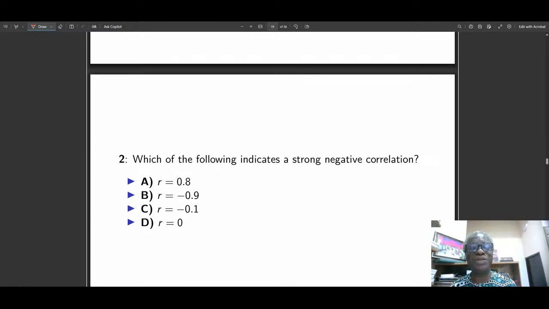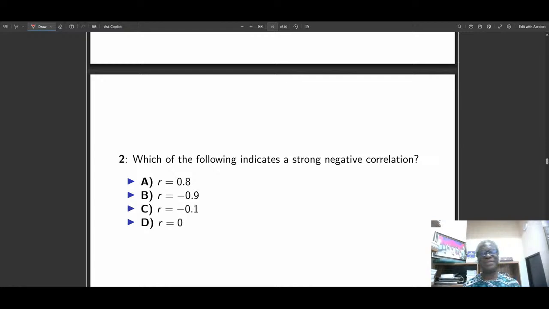Which of the following indicates a strong negative correlation? A strong negative. Teslimot and Joy, check your answer very well. Teslimot is saying C. Joy is also saying C.